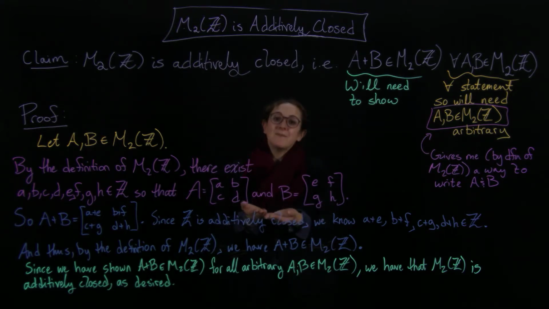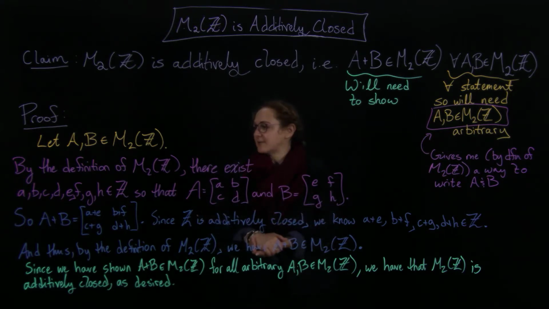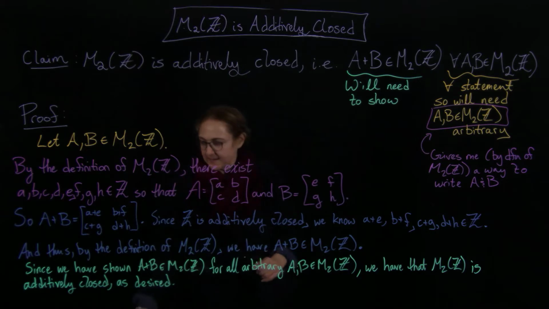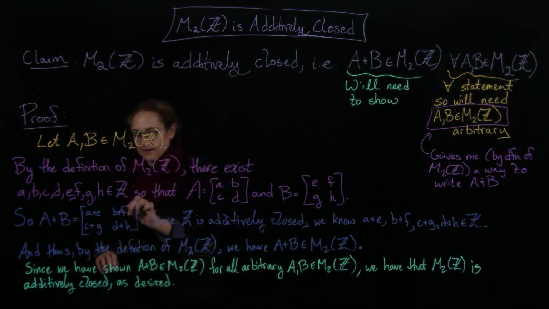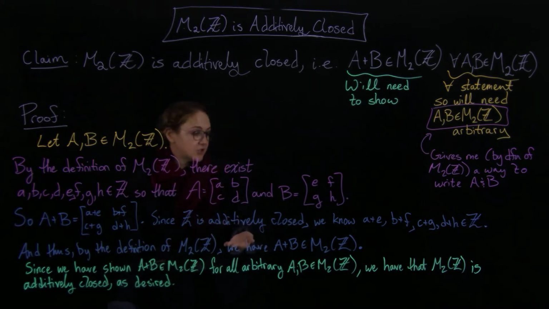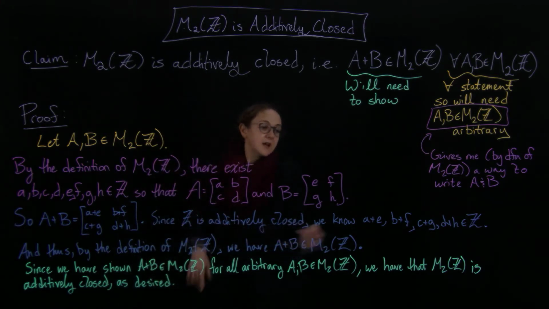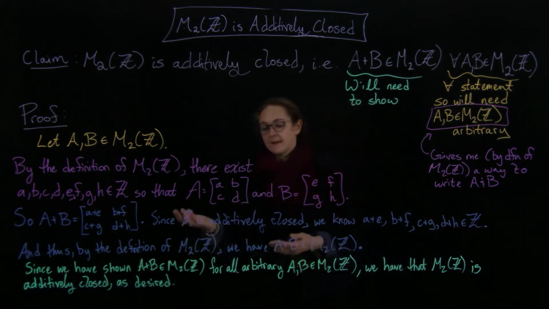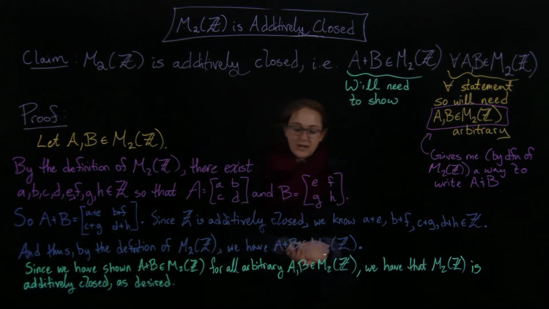So we do that. This is our generic form because we're in M2Z. And now when we add them, we have something in a nice form that we can work with. And we can use the fact that the integers are a ring and additively closed, so that each of these has to be in the integers, which tells us that A plus B is actually in M2Z.